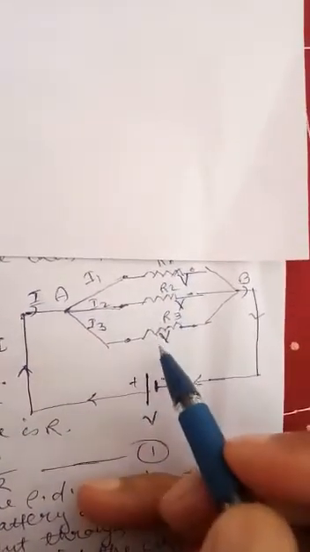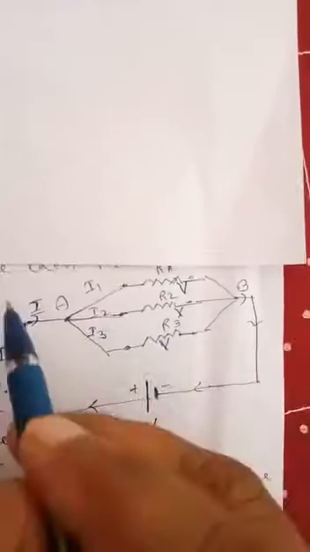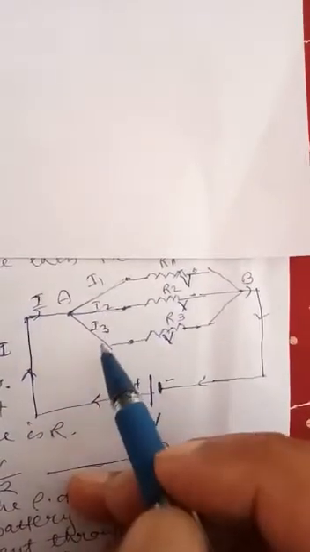Let the current I1 flow through R1, current I2 through R2, and current I3 through R3. So I is equal to I1 plus I2 plus I3.